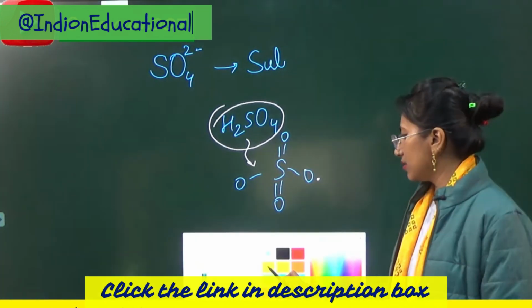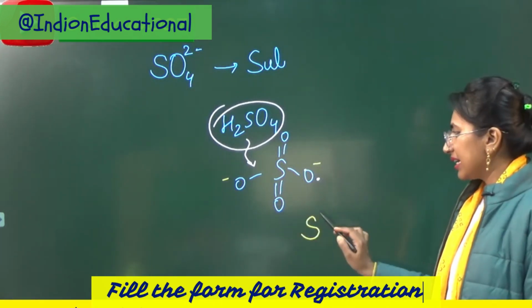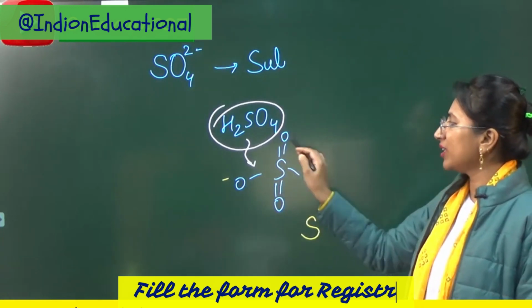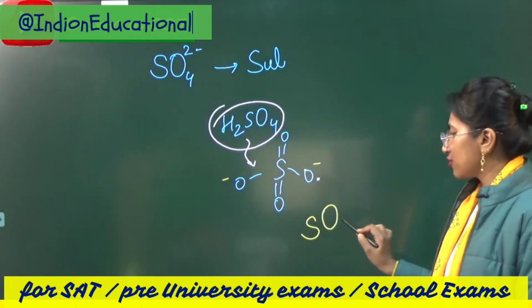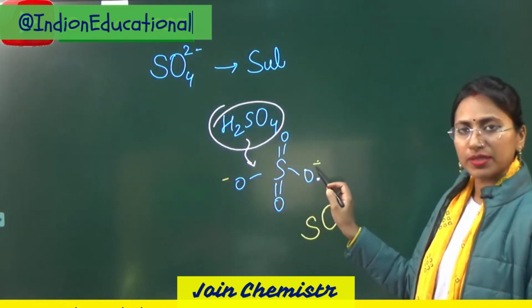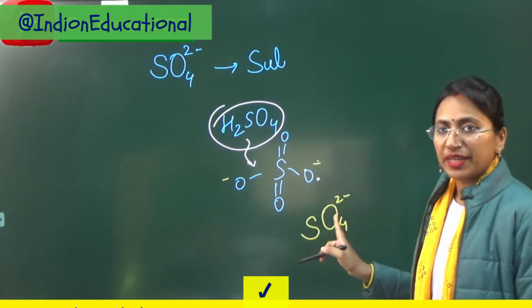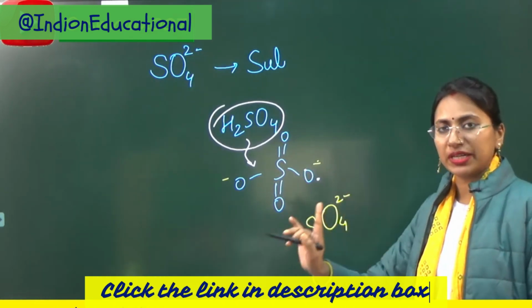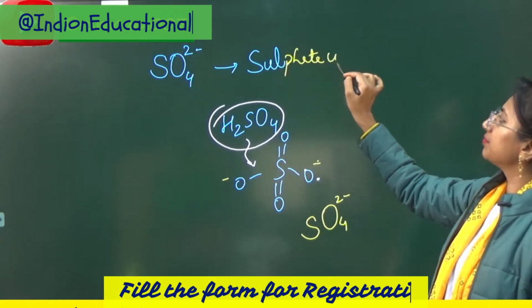So we can write it as S, a single S is present, and how many oxygens are present? 4. SO4, and the charge is 2 minus. So this will be sulfate ion. Phosphoric acid, phosphate ion; sulfuric acid, sulfate ion.